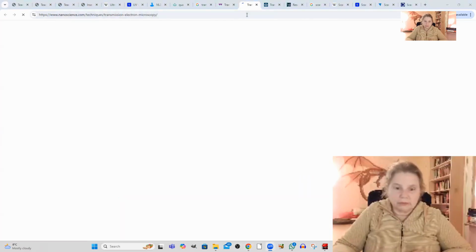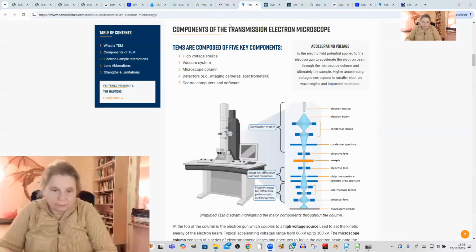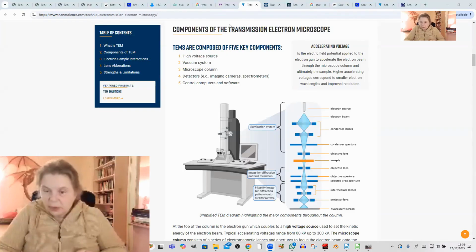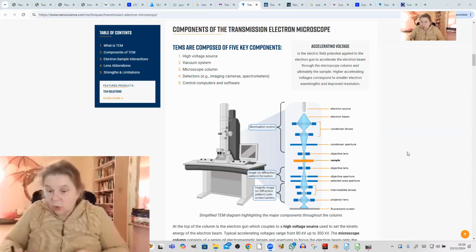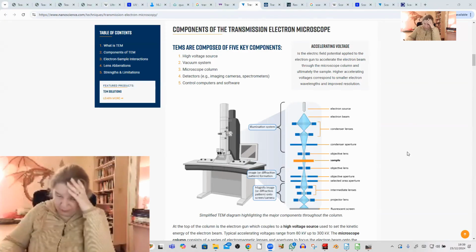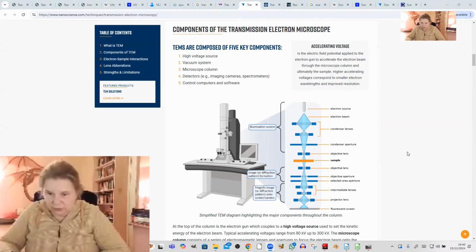This one is described as nanoscience, and this is actually a manufacturer of transmission electron microscopes, and you can see that real microscopes, can you see how many lenses they've got? Okay, and this whole column, remember, has got to be evacuated.